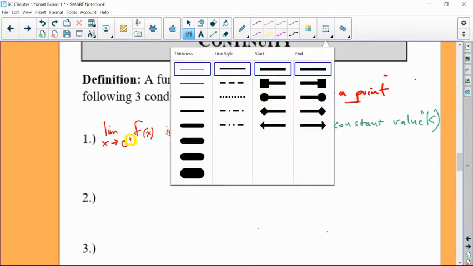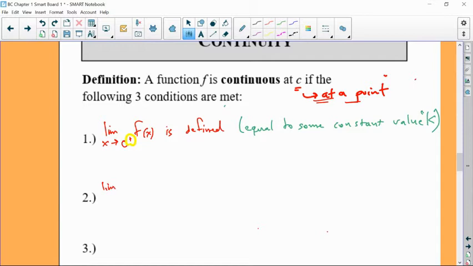And there it is. The limit as x approaches that same value of c from the left of f of x is also defined, and is the same k value.